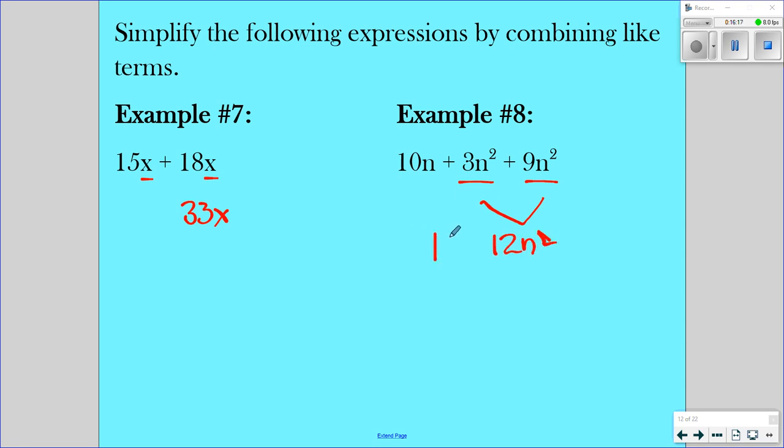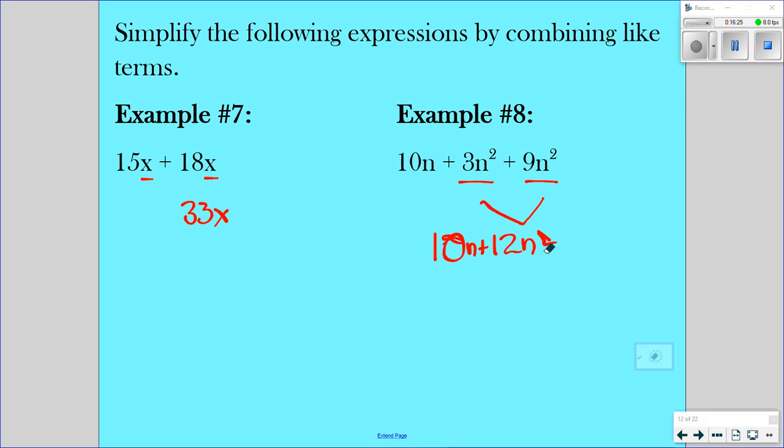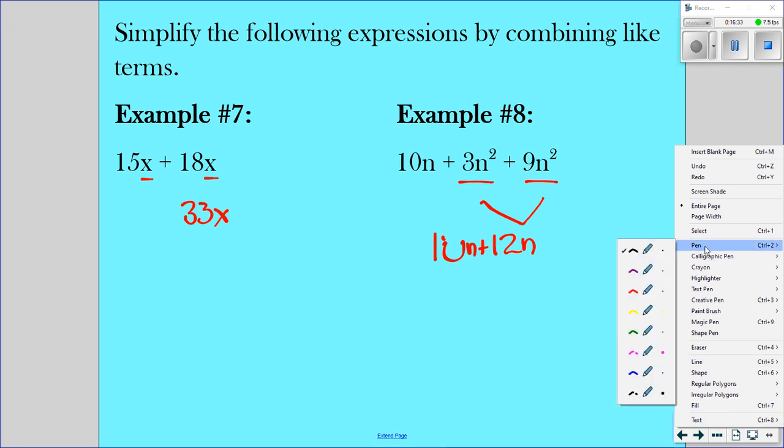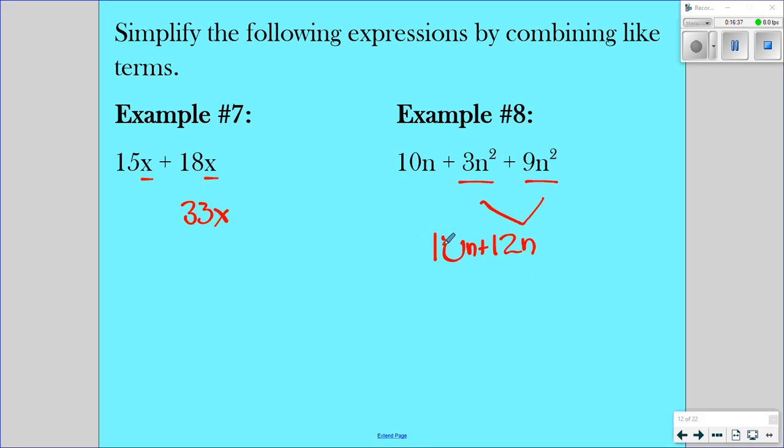And then the 10n we can put there. Again, you can't combine them because they're not like terms.